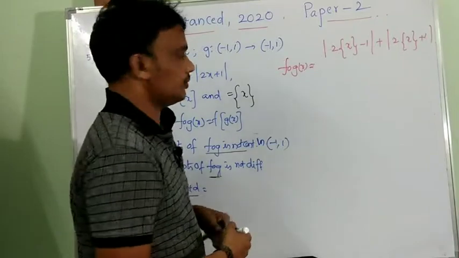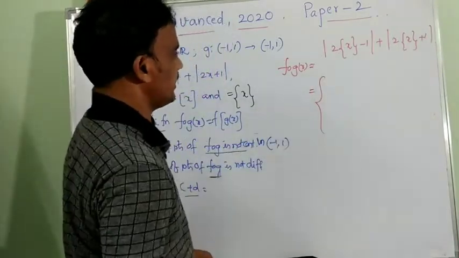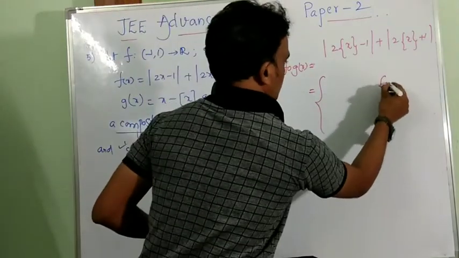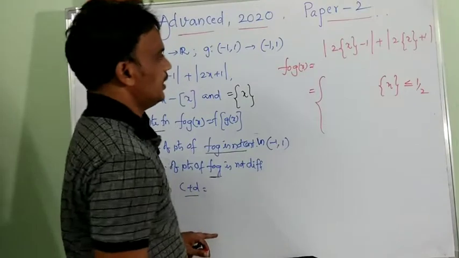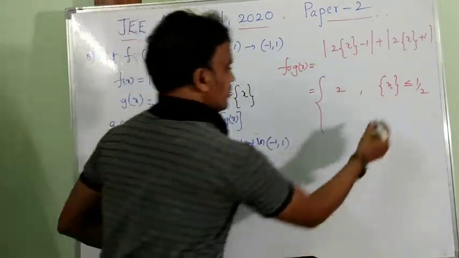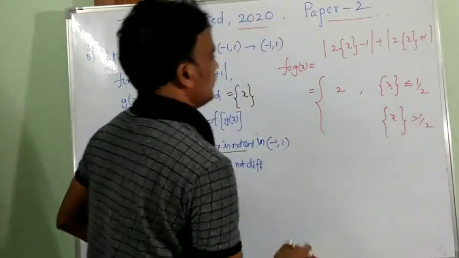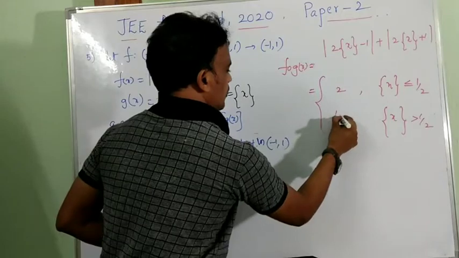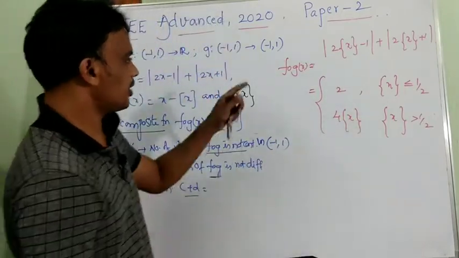So when the fractional part of x is less than or equal to 1 by 2, its value is 2. When the fractional part of x is greater than 1 by 2, it is 4 times the fractional part of x. Like this we can define that composite function.